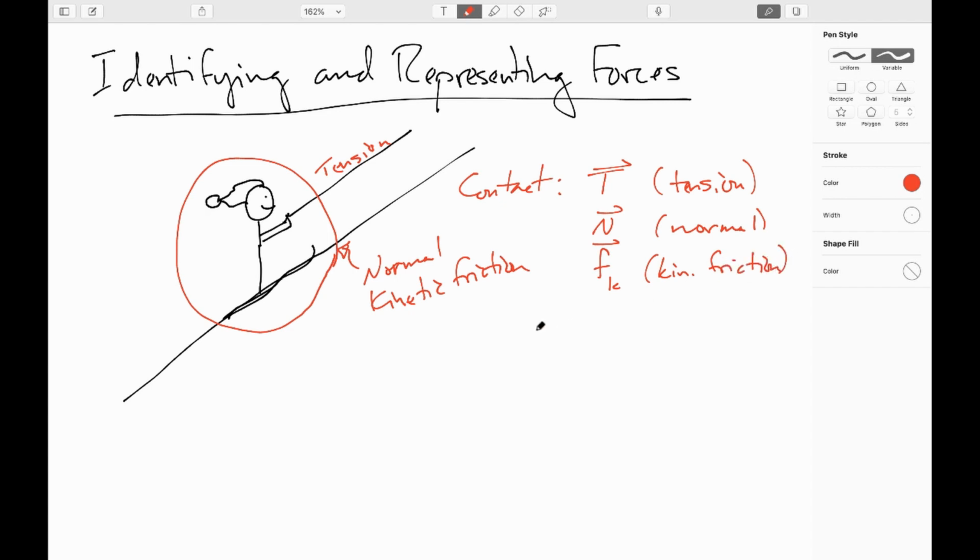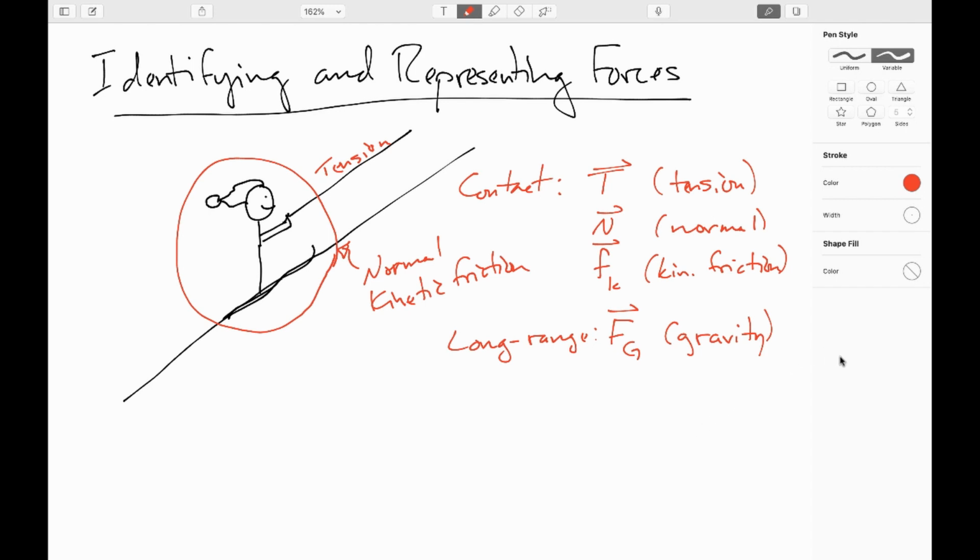Now the only thing that's left is to figure out, are there any long-range forces acting? And yes, the reason the skier has to grab onto the tow rope at all is that they're going up the hill. So that means that gravity must be pulling them down. Now, my preferred notation for the force of gravity is F sub g.